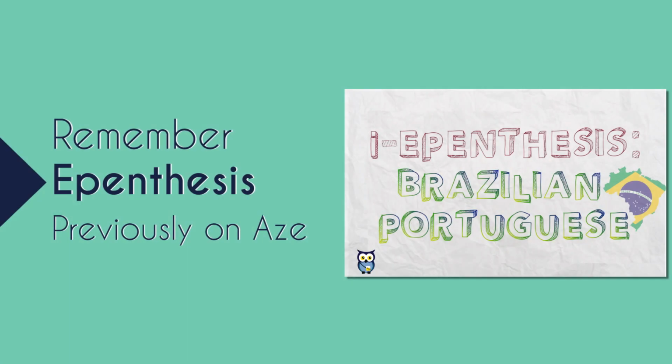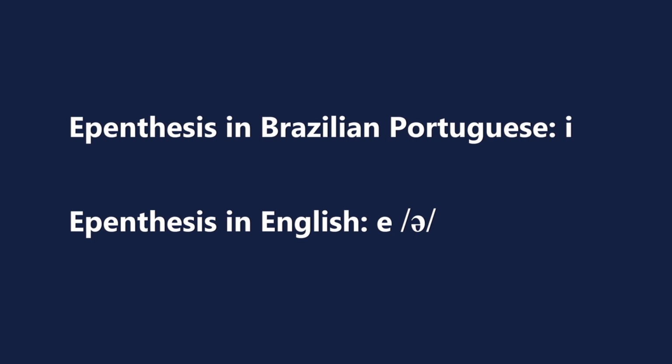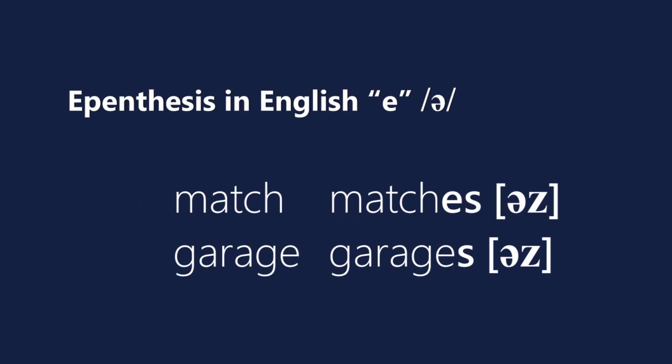First of all, in the previous video, we covered the topic that we call I epenthesis or E epenthesis in Brazilian Portuguese. And we saw how speakers of Brazilian Portuguese insert E in a lot of words. Here, you can see that even in English, when you're forming the plural for words like match or garage, you are using the "za", but you epenthesize a schwa.